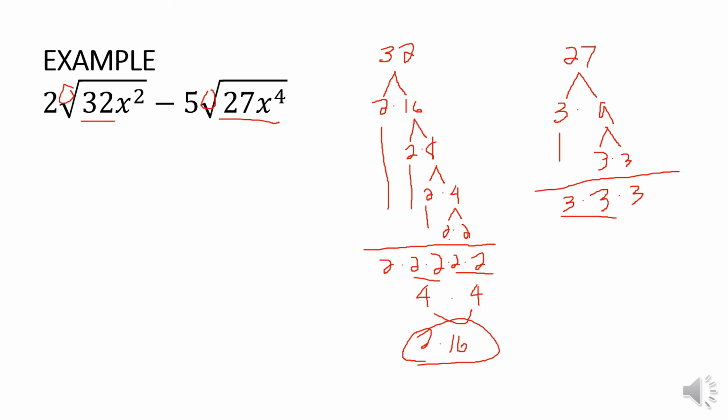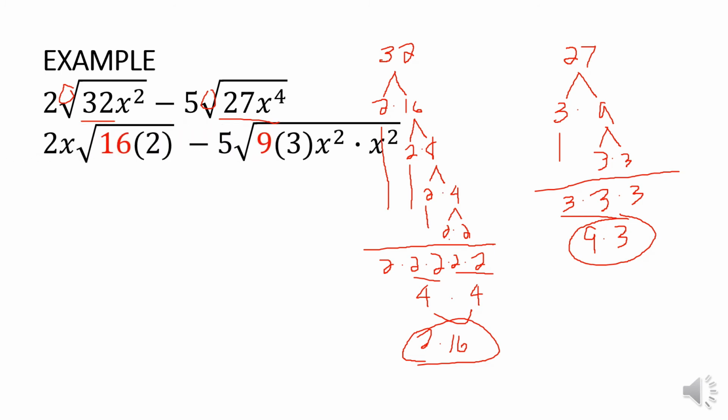So 3 times 3 is 9, then times 3. Okay, so therefore, the factors of 27 in which one of the factors is a perfect square number is 9 times 3.